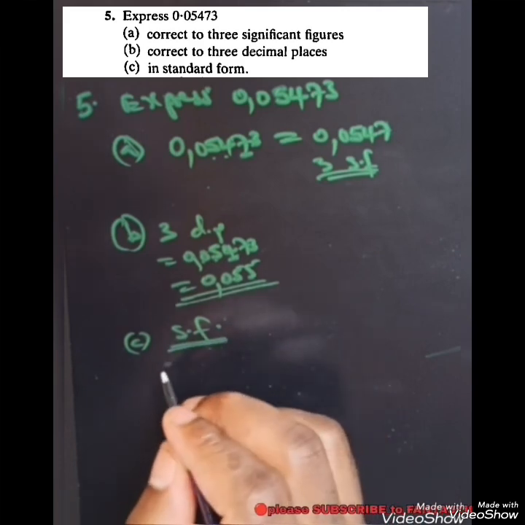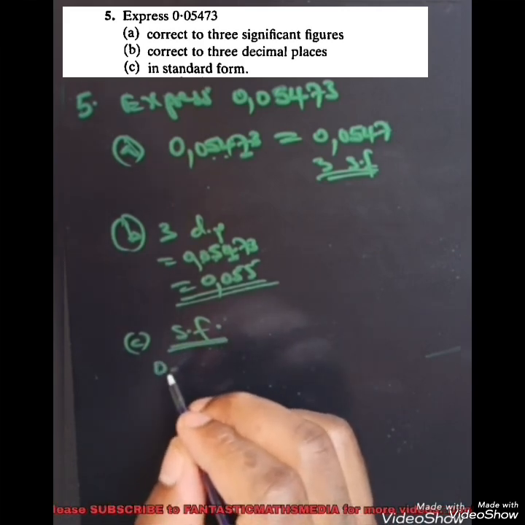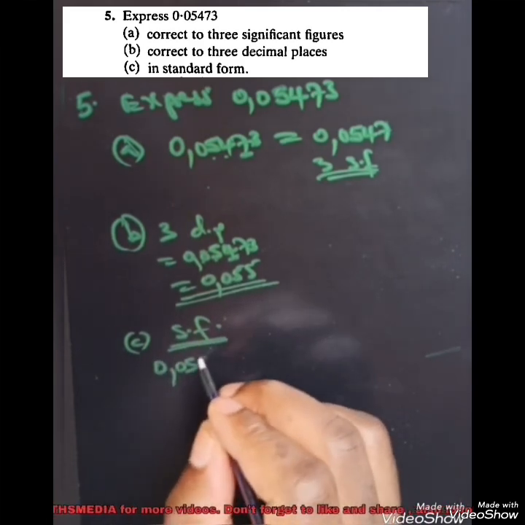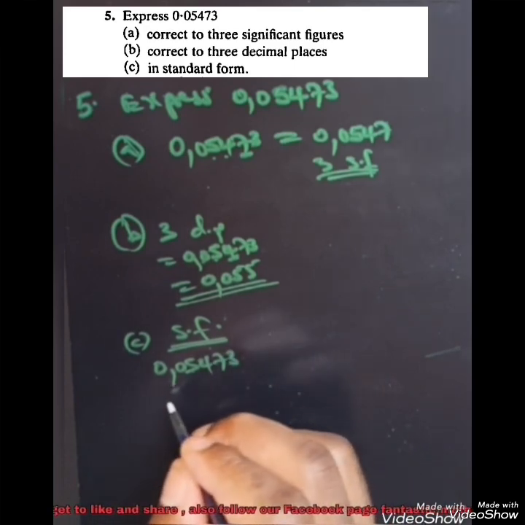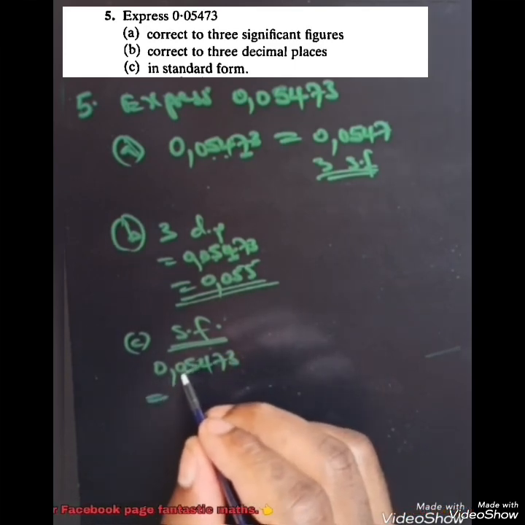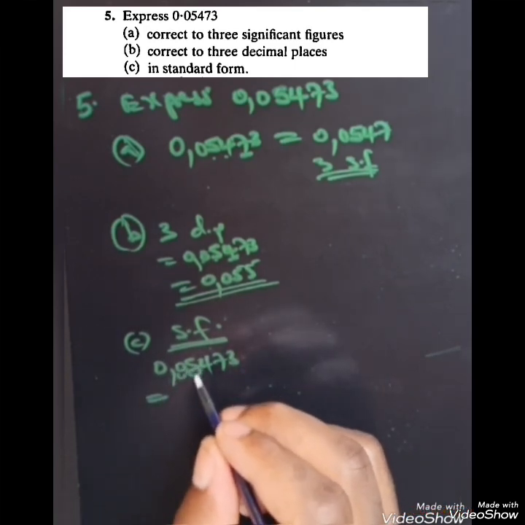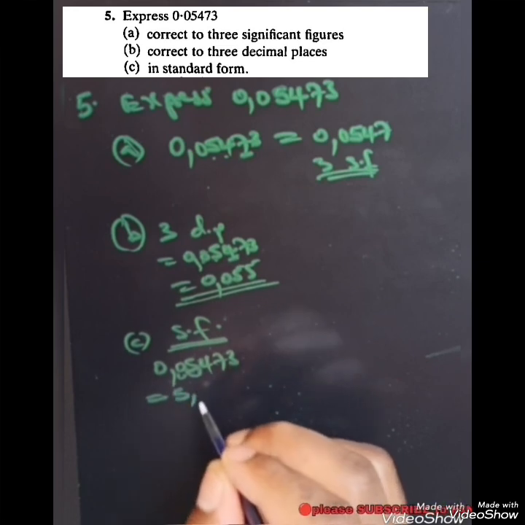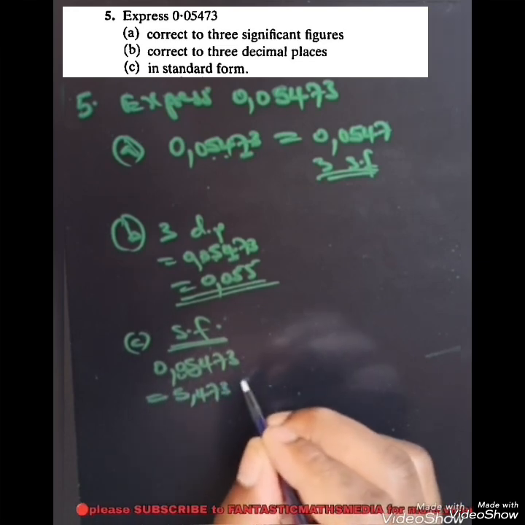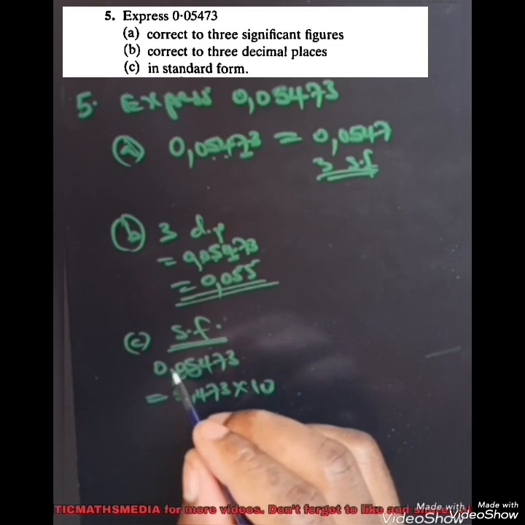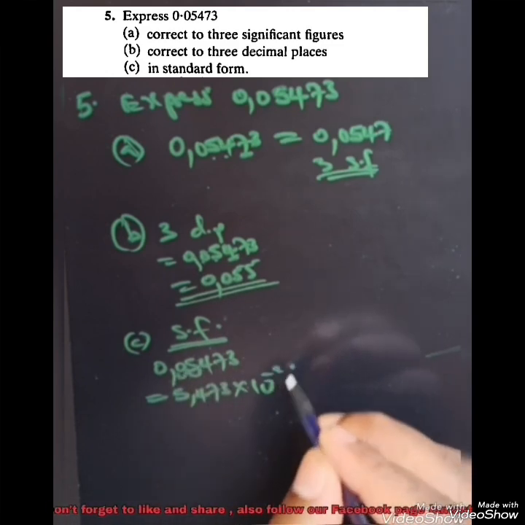This is what we do when expressing a number in standard form. We look at the first number from left to right which is between 1 and 9, which is 5. So put a comma after 5 times the number of steps. The comma moved 2 steps, so we multiply by 10 to the power negative 2.